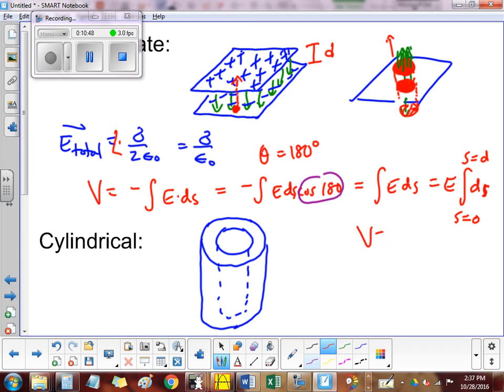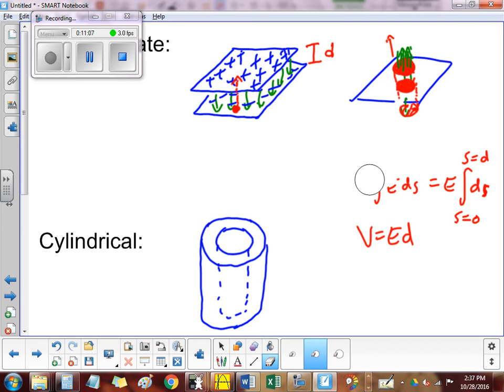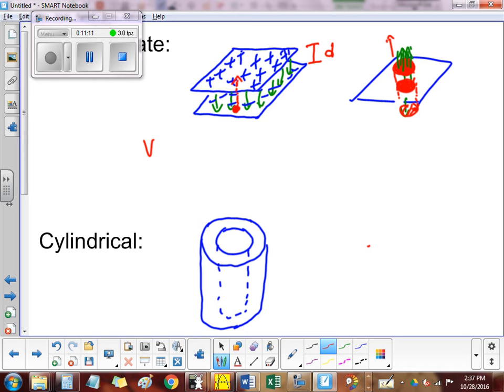So V is equal to ED for a parallel plate capacitor. V is equal to ED. And E is a constant, and D is a constant, and V is a constant. It's a very simple case. Okay, so now that we know that V is ED, let's go back to our capacitance equation. What was the capacitance equation? So far we have V equals ED for this thing, right?